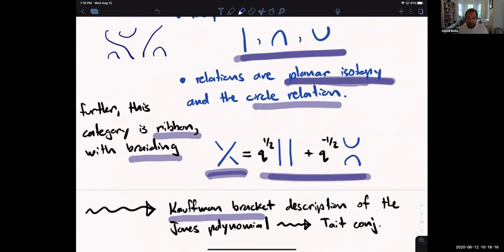And one important thing to observe, if you're maybe not quite familiar with the history of applications of the Jones polynomial in knot theory, is that the first big thing the Jones polynomial took down, the first big classical conjecture, was known as the Tait Conjecture. And that was made accessible somehow after this diagrammatic interpretation of the Jones polynomial was introduced. So the diagrammatics really does something for you.